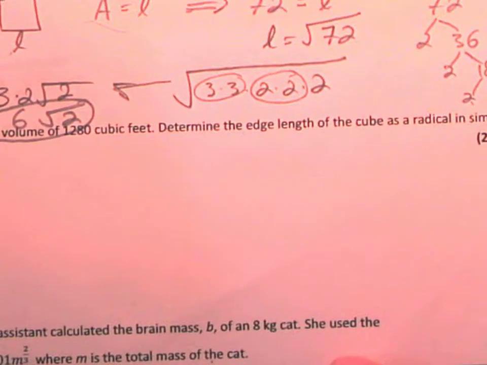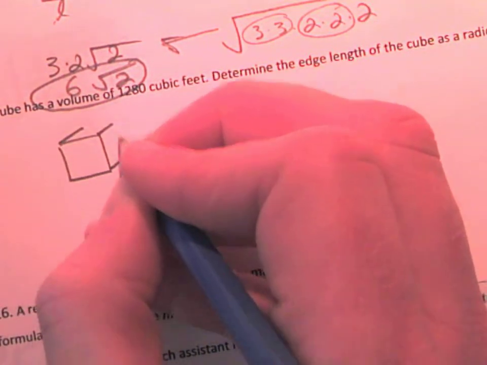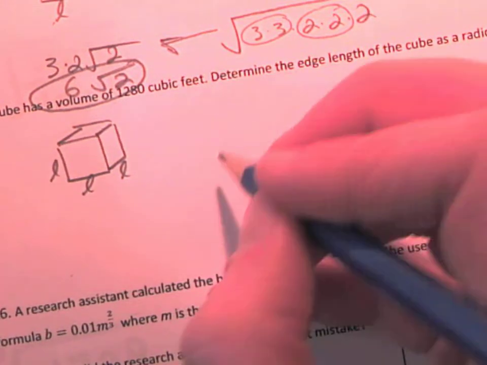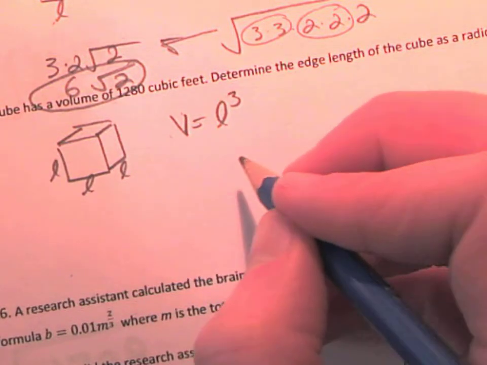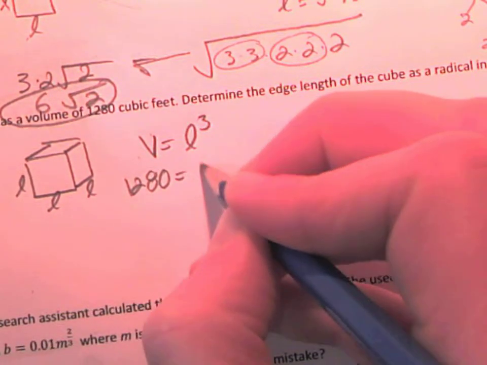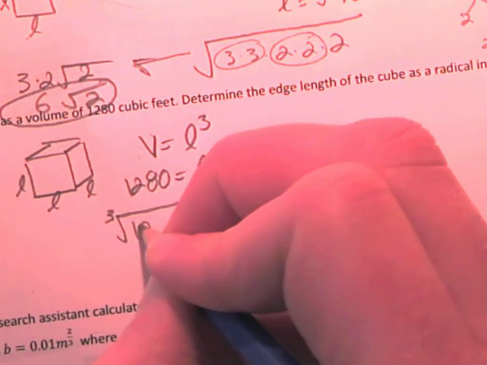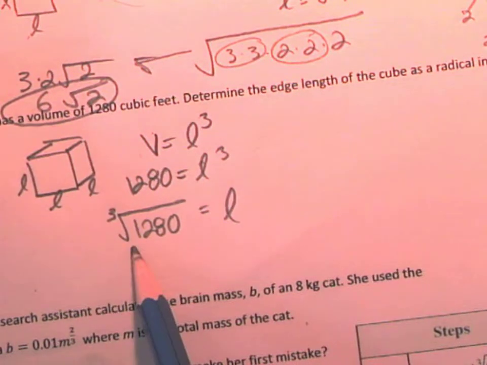Okay, now we're dealing with a cube. Length times length times length. We know that volume is length cubed. Okay, this time 1280 is our volume, equals L cubed, and then we cube root both sides. So our length is just cube root of 1280.